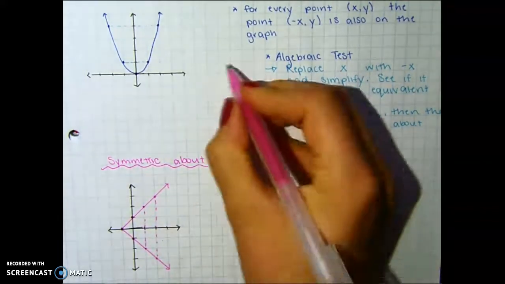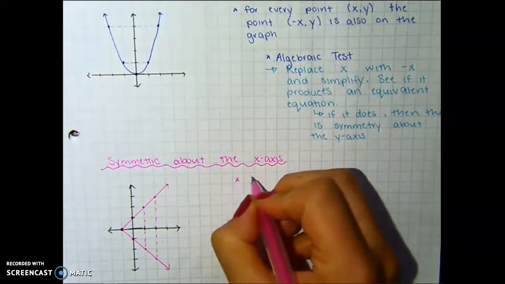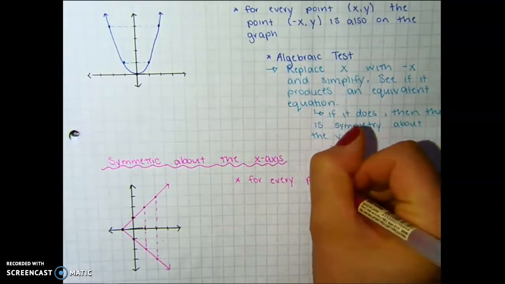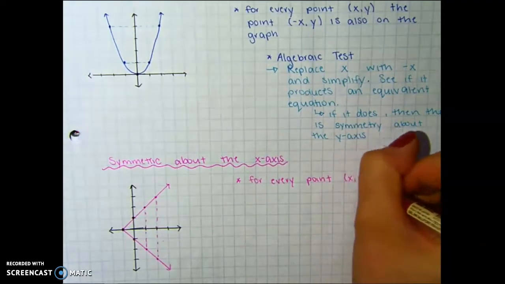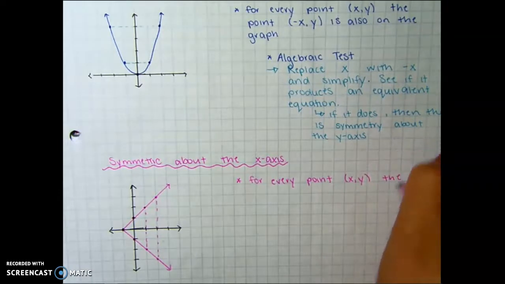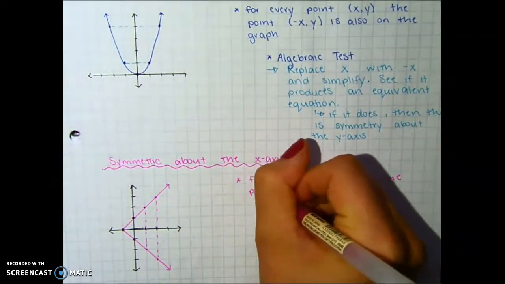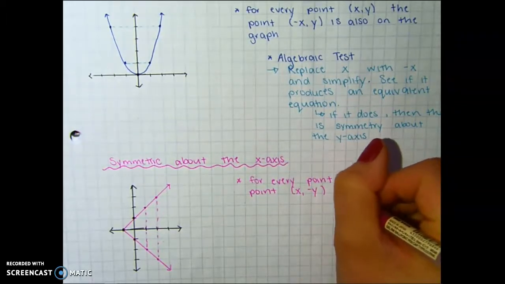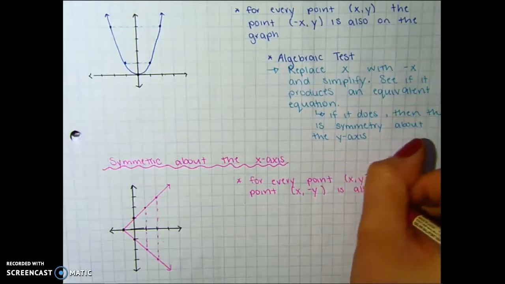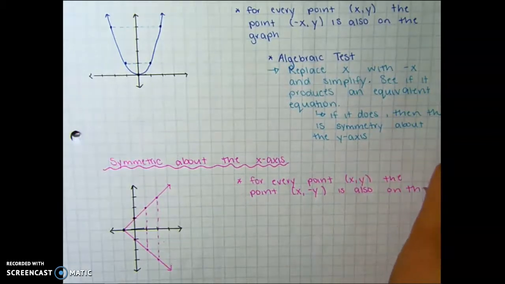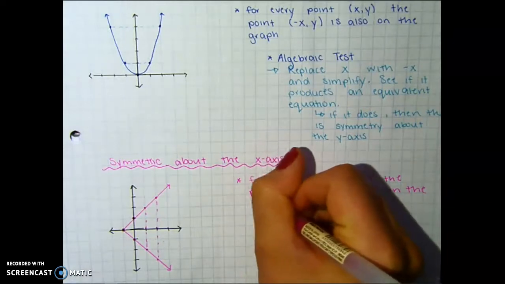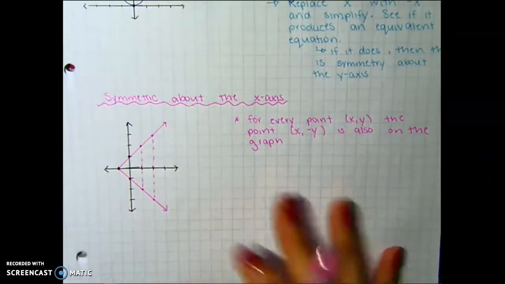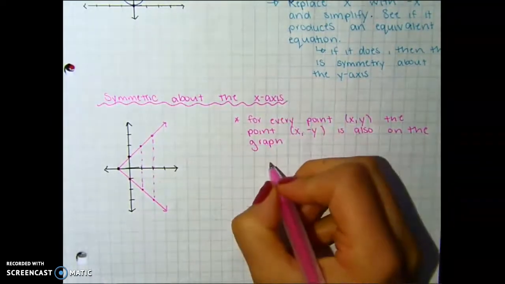So what that means, kind of like above, is for every point x, y, the point x, negative y is also on the graph. So again, it's very easy to tell when you have a graph, but we want you to be able to test algebraically.